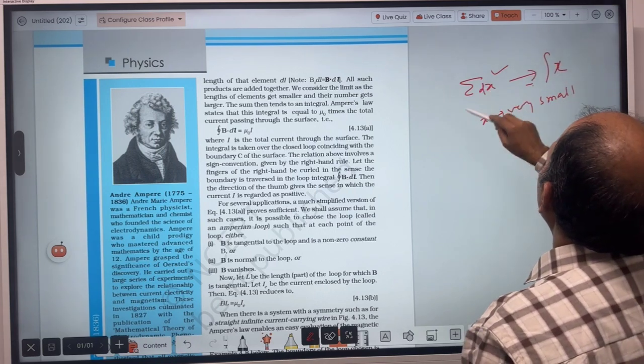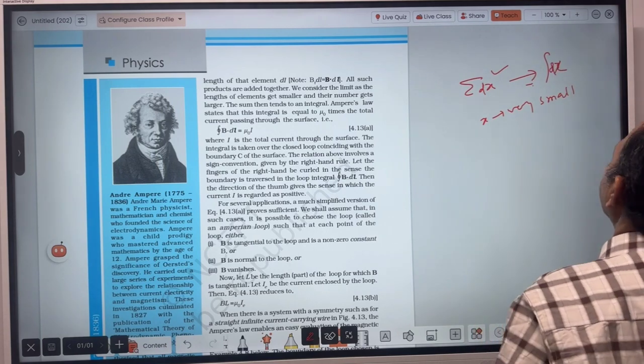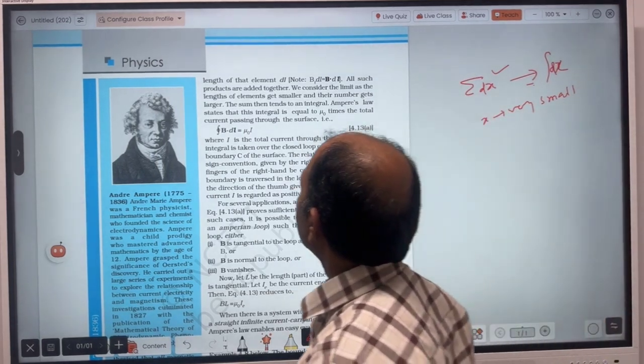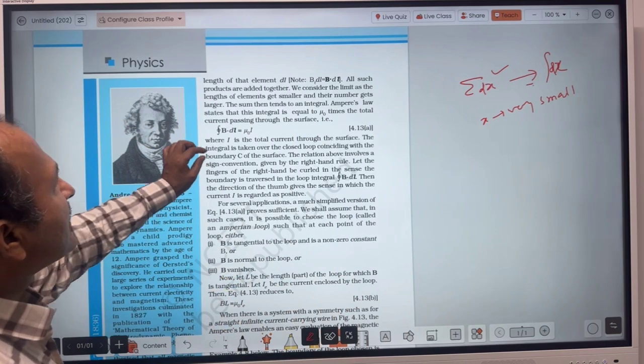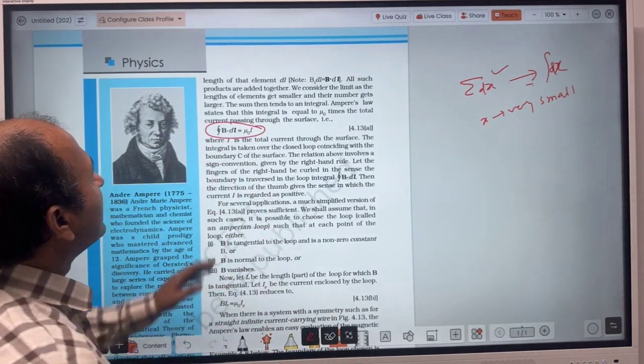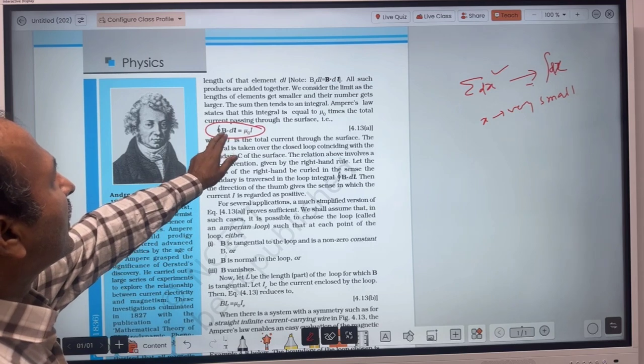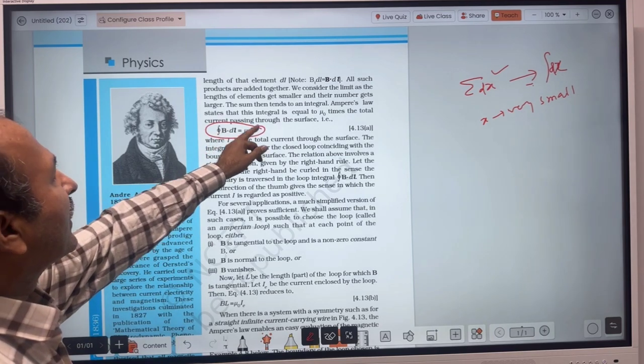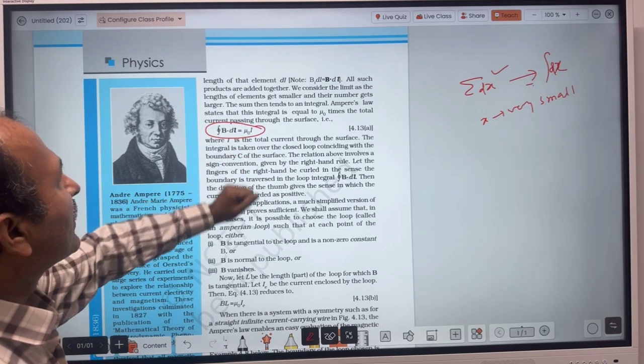Or suppose here we write sigma dx, so integral dx. So this is the point. The same thing they are saying, that we are going to sum up small elements, and ultimately integration B dot dl, means product of B magnetic field and current element dl, gives mu naught I.